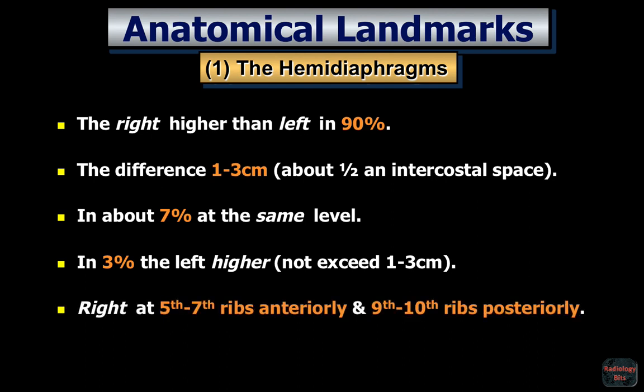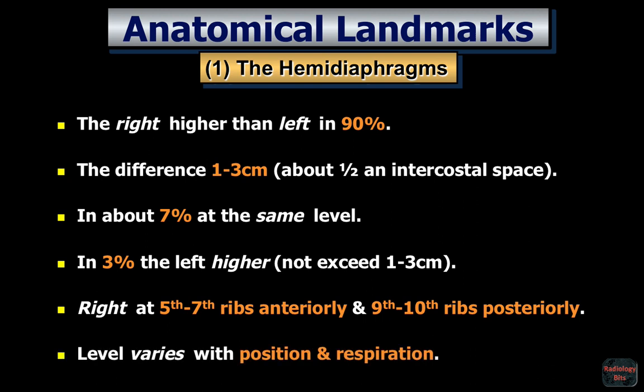To know the normal position of the hemidiaphragms, you have to count the ribs on the right side. And a right hemidiaphragm is usually between the 5th and 7th anterior rib and at the level of the 9th or 10th posterior rib. Please note that these levels vary according to the patient's position.